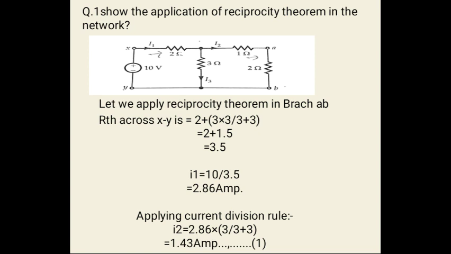To find it, we find RTH across the XY terminal. Across XY, R equivalent is 2 ohm plus 3 parallel 3, that is 3.5 ohm. Now the source current delivered is V upon R, where V is 10 volt and R is 3.5 ohm. So I1 is 2.86 ampere.